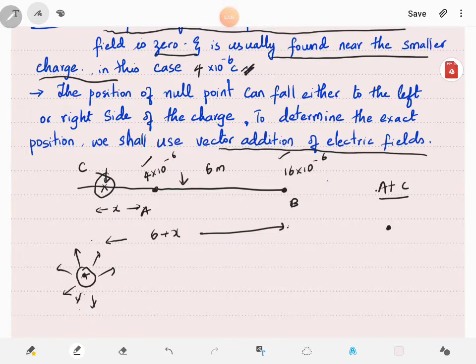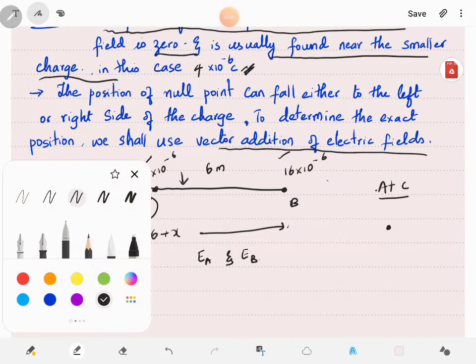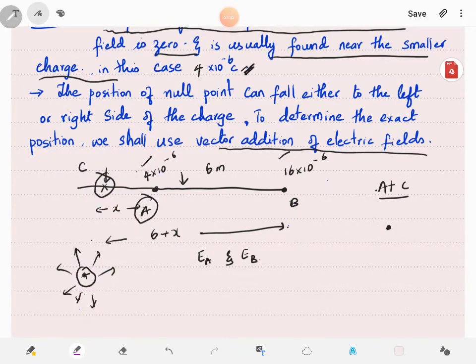So the electric field at point C will have a contribution due to A, which I will call EA, and due to B, which I will call EB. Because A is a positive charge, the direction of electric field is going to be away from A. Therefore, this is the direction of EA.